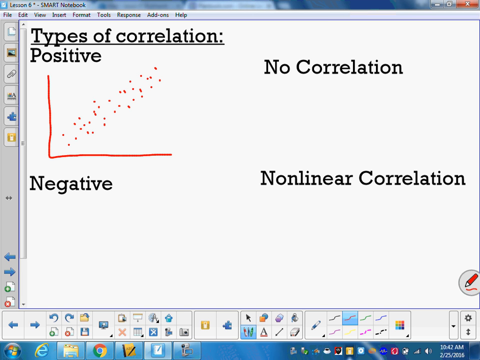If you remember back to algebra, when we had a line and it went up to the right, it had a positive slope. That's why this is a positive correlation. As one variable increases, so does the other. Okay, it doesn't necessarily mean positive like, yippee, this is happening. It just means that as one increases, the other increases.